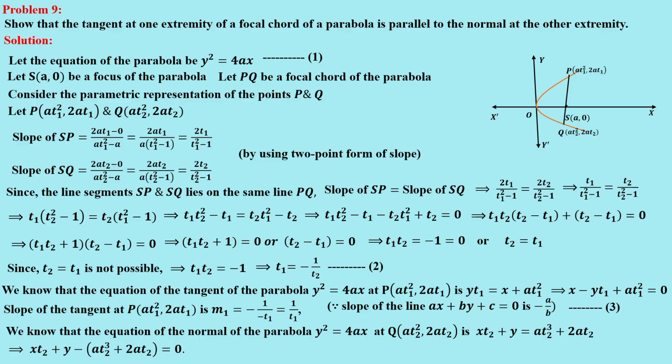Again we are going to find the slope of the normal at Q, let it be m2. m2 is equal to minus the coefficient of x term, t2, over coefficient of y term, 1, so minus t2. That is equation 4. But from 2, 3 and 4, m1 equals 1 by t1. So 1 by t1 means 1 by minus 1 by t2, because t1 is equal to minus 1 by t2. So that is equal to minus t2, right?